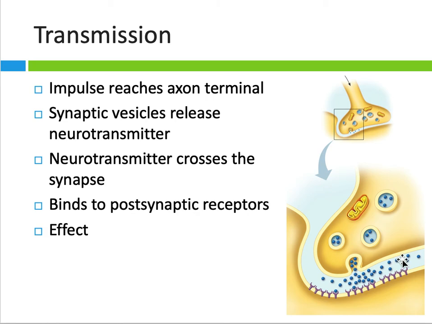The neurotransmitter is then going to cross this synapse, the gap, and bind to receptors on the postsynaptic neuron, so on the dendrite of the postsynaptic neuron. Then some effect is going to happen. That effect might be that the impulse then travels down the next neuron, and it happens again and again and again. And so the effect might just be that the impulse is passed on, or there can be a different type of effect if we've finally reached an effector.